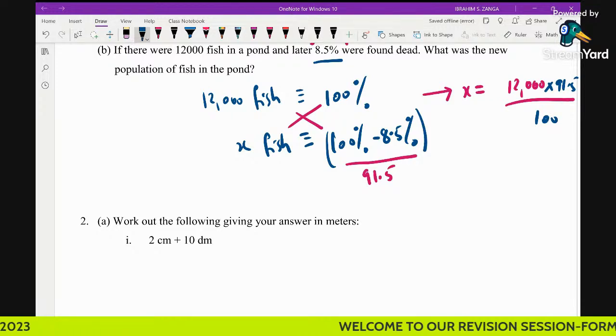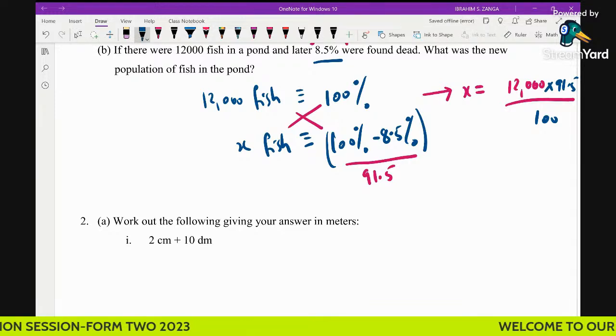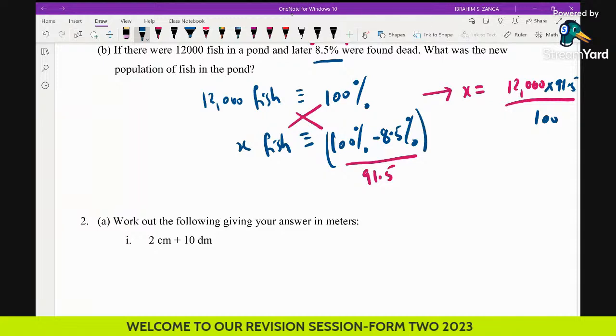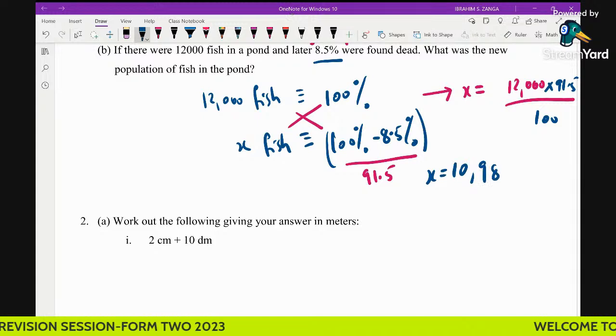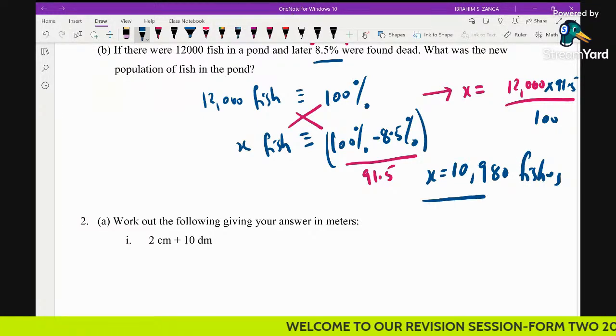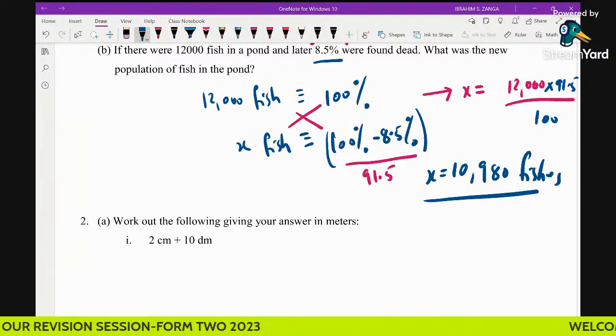When you take 12,000, multiply by 91.5 and divide by 100, eventually you get 10,980 fish. So this is the new population in the pond, dear students. We'll be having 10,980 fish.